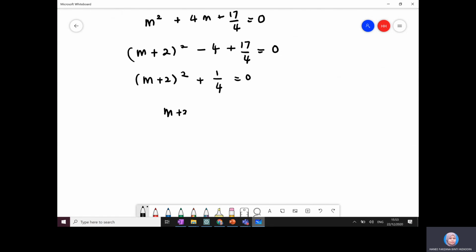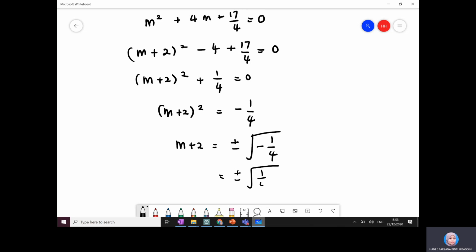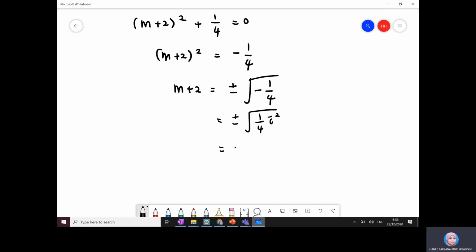Then (m plus 2) squared equals negative 1 over 4. So m plus 2 equals plus minus the square root of negative 1 over 4. That would be plus minus the square root of 1 over 4 times i squared. Then it could be plus minus 1 over 2 i. So this is m plus 2.